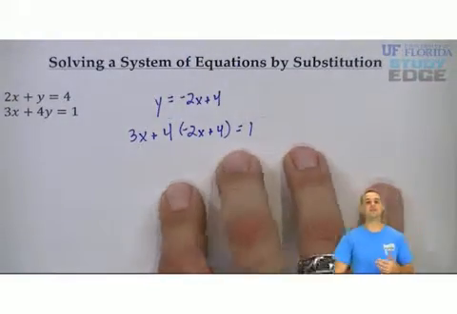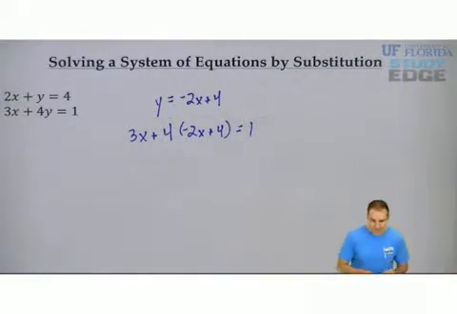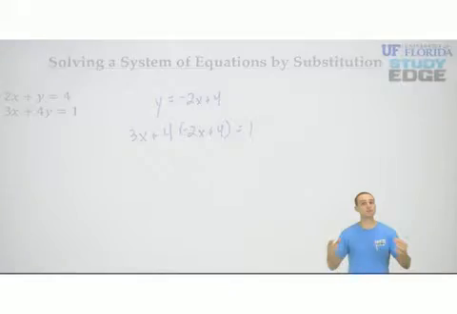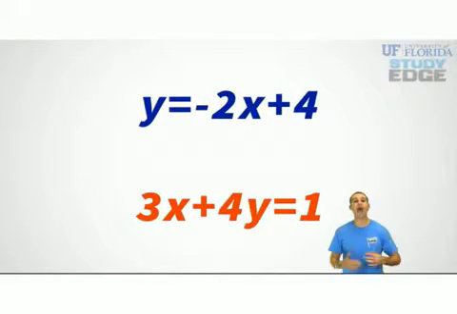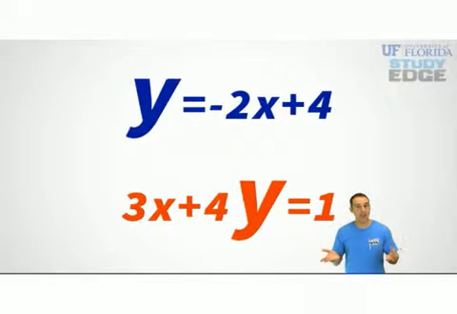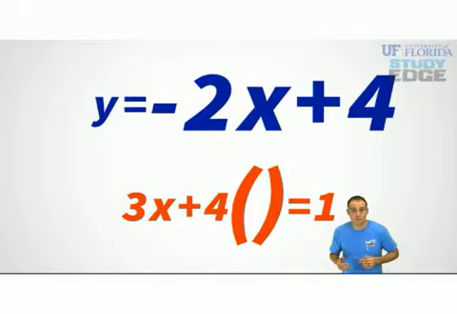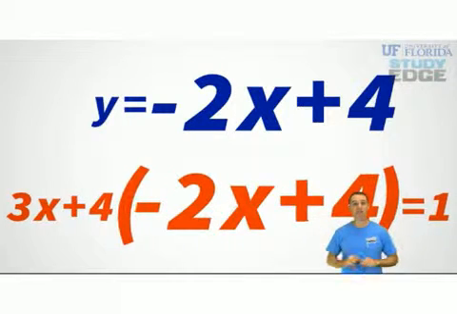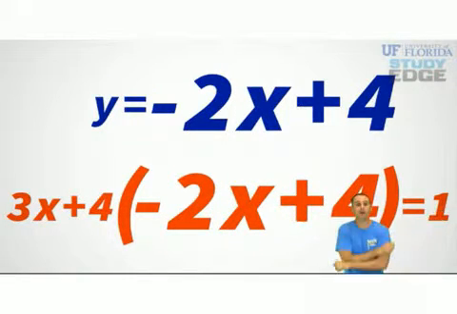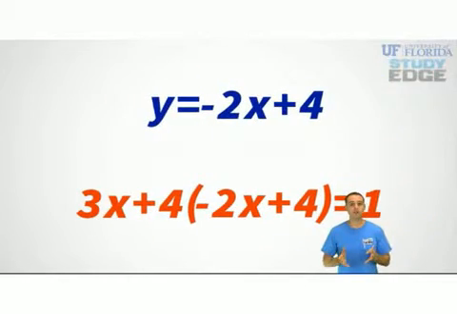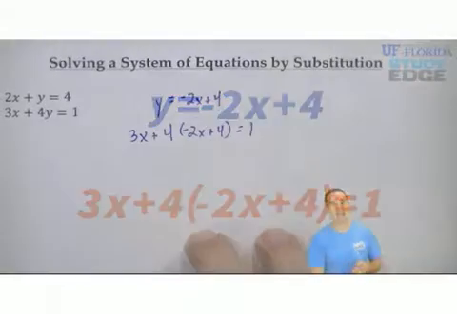And that's how you substitute one equation into the other. Again, given these two equations, I have the top equation solved for y, and I have a y in the other equation. Y equals negative 2x plus 4, and I can go ahead and plug it into the other equation for y, and now put it all together, and I have one equation with one variable to solve for, x.